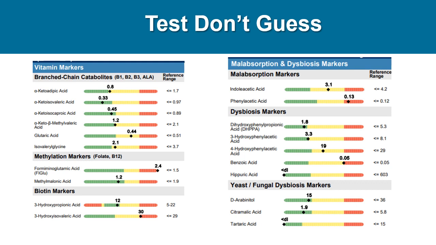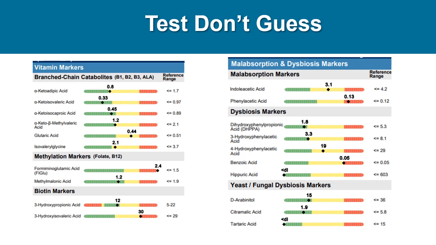I also check for methylation markers like folates and B12. B6 is also checked. And then biotin, because that's super important for trafficking oxalate out of the body. In addition to that, I check to see if there's dysbiosis. A lot of times people have yeast overgrowth, mold overgrowth, and other markers indicating imbalances in the GI tract.